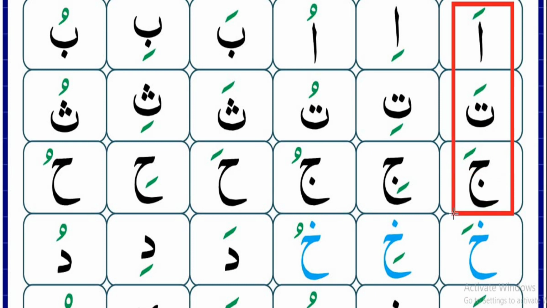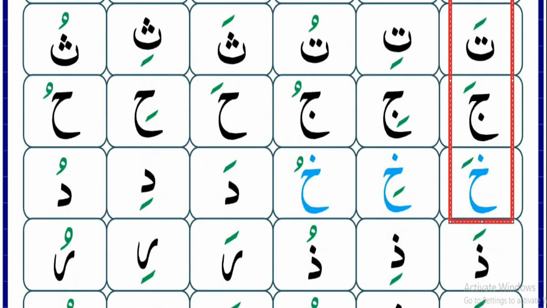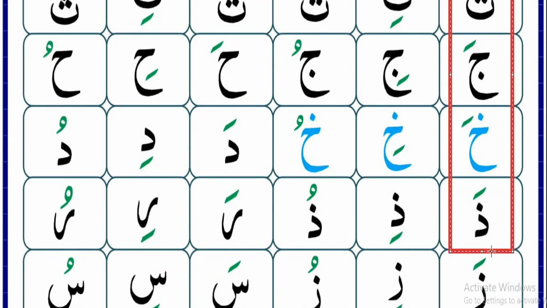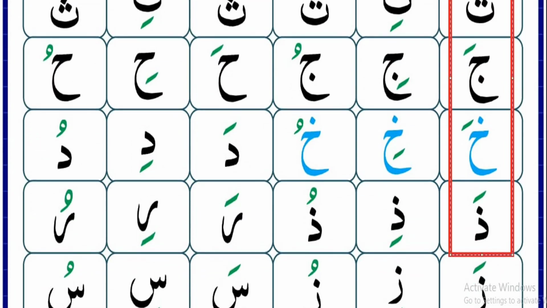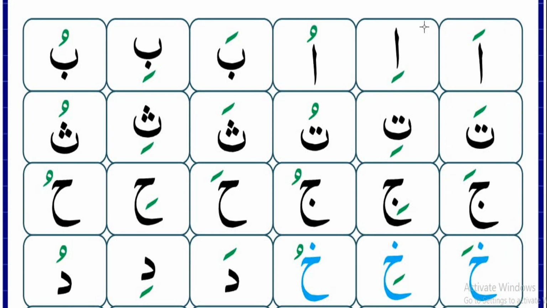The third one is ja, and that one is kha. So this is how you read different letters with fatha, like a, ta, ja, kha, la, ra, fa, sha, sa.